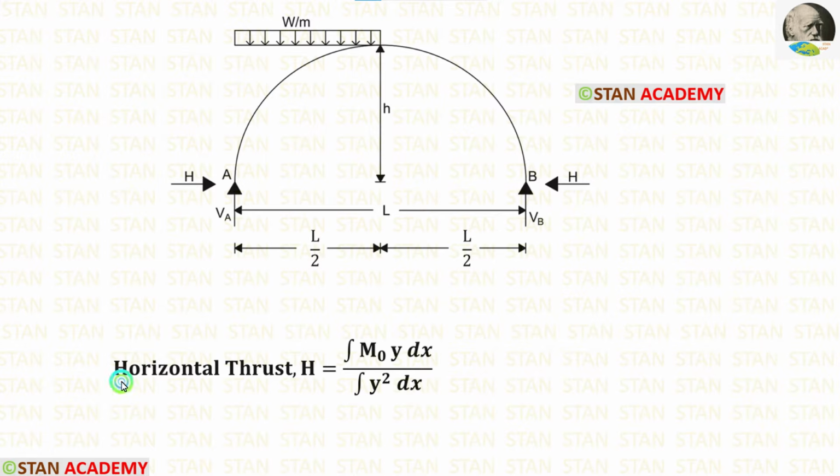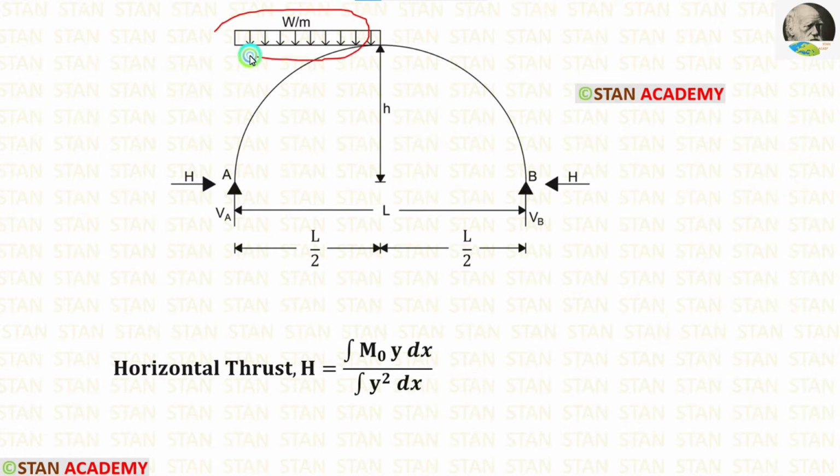We know the formula for the horizontal thrust. H is equal to integration of m0 y dx divided by integration of y square dx. In this formula, first let us find the numerator, integration of m0 y dx. To find this, we have to make sections in this arch. In this arch, we are having two different parts.